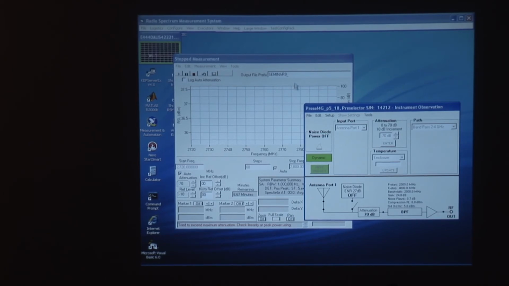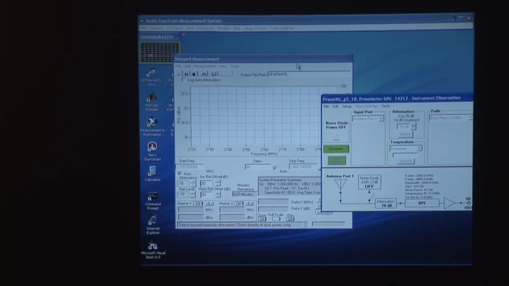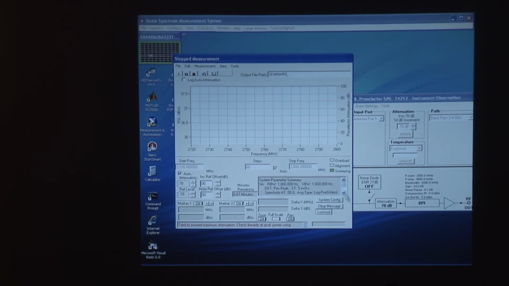For the purpose of the tape, we can edit this out. Do you have any idea what's going on, Steve? I couldn't tell you. I thought you had it working. Yeah, I had it working before when we started. It was working fine. Frank, you praised the RSMS software too soon. Try to exceed the max attenuation check.